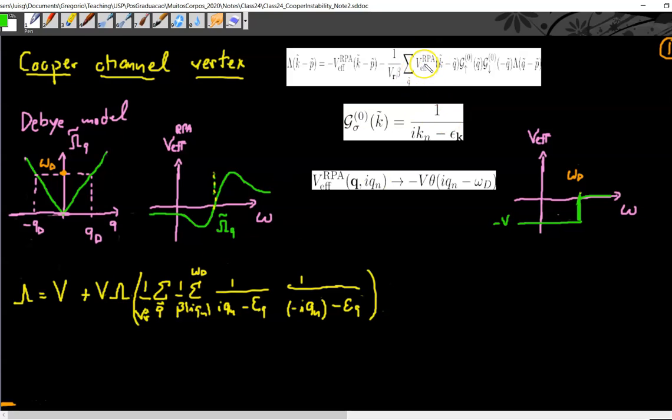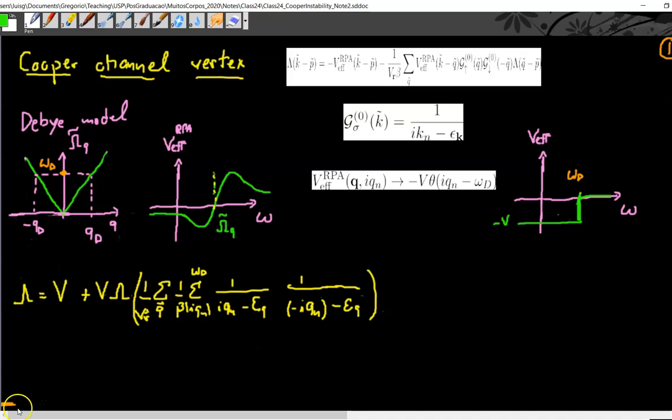So I just take this and replace it by minus V, so I get a plus here, and this is a plus V here. So that's lambda. Lambda, of course, will not depend on the momentum anymore, since this doesn't depend on k, so this does not depend on p. If this doesn't depend on k and p, this will not either, so this will be just a constant. And what I need to calculate this is just to evaluate this integral and this sum.